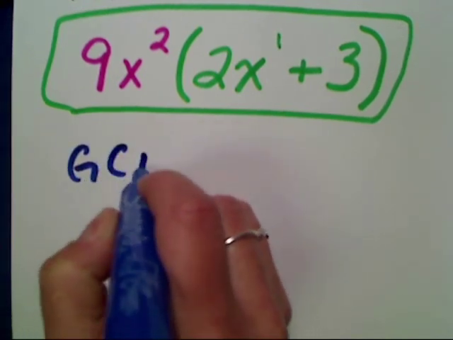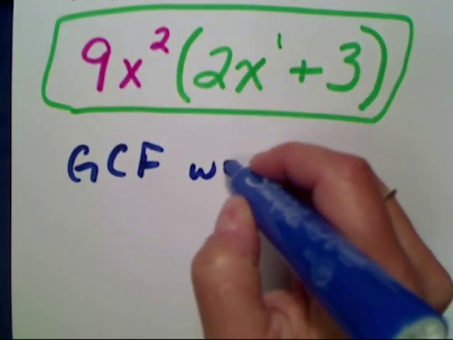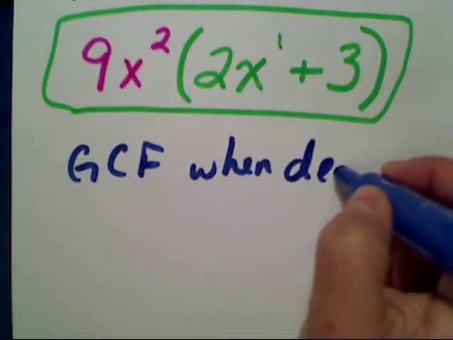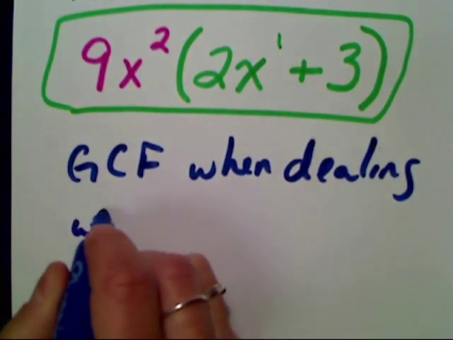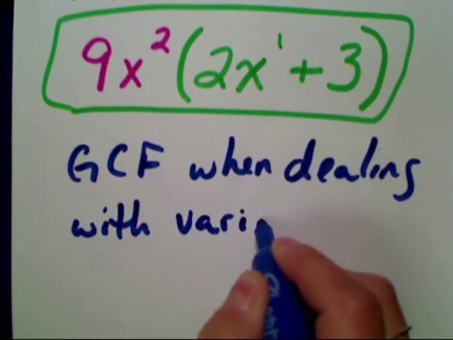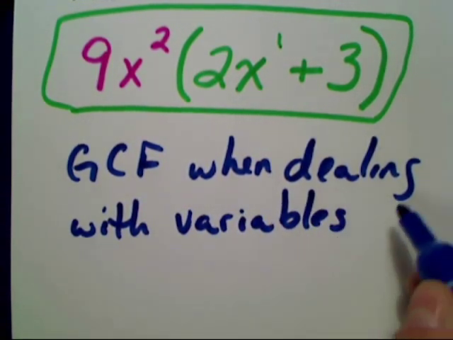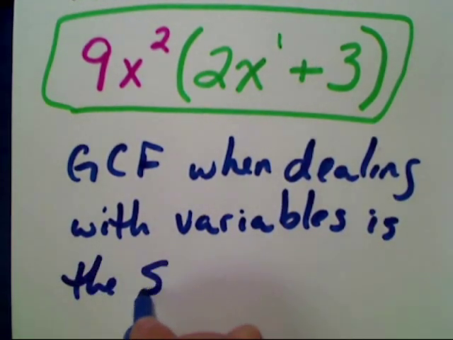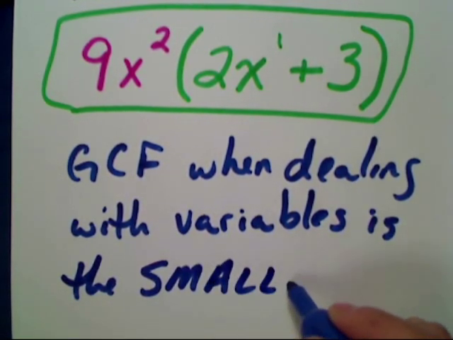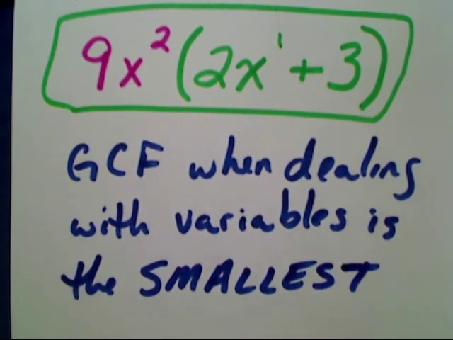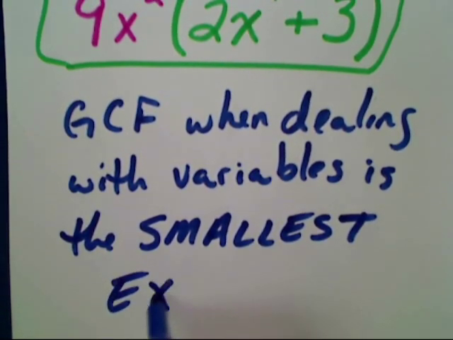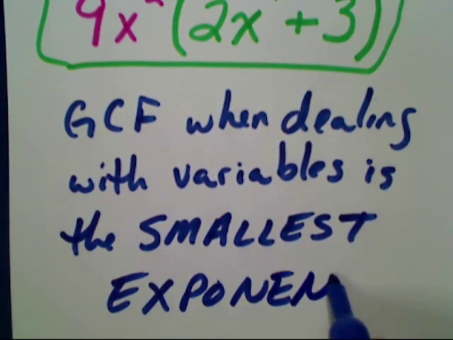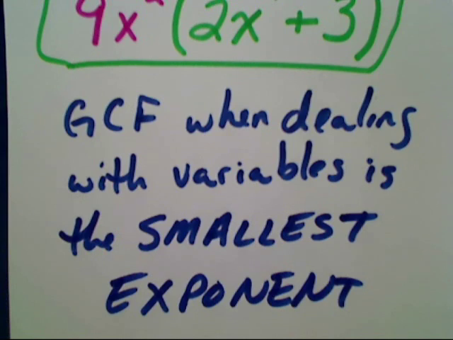The greatest common factor when dealing with your variables is going to be the smallest exponent, because the most that you can pull out is the smallest amount. Okay? Let's do another example.